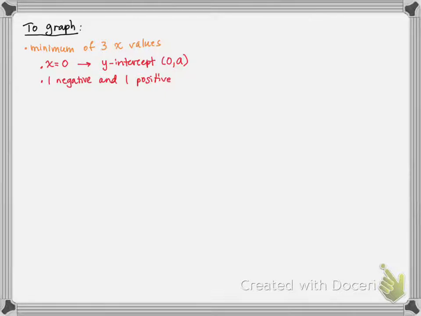Now, personally, using a table of values is good. So you can show your work there. So once we choose our x's, then we're going to calculate corresponding y values.